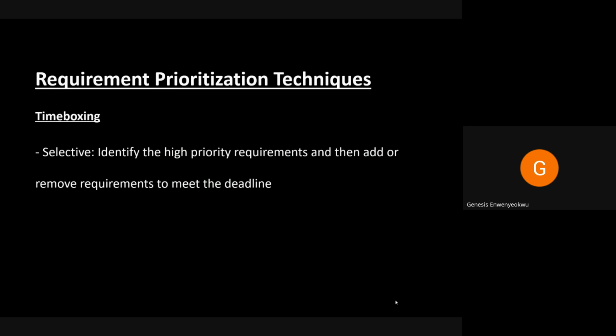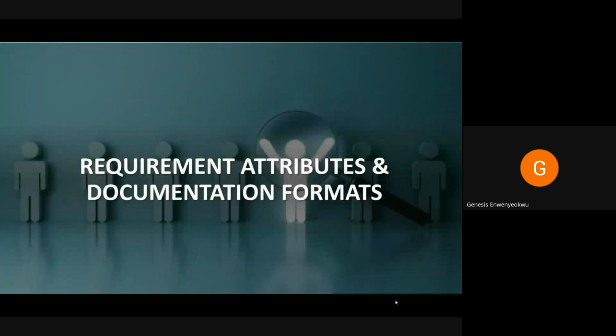Let's include this low priority work and do it with a high priority work so that we can meet our deadline. So in the selective, we basically identify the high priority requirements, and then we begin to add and remove between the medium and the low priority. We exchange between medium and low priority and decide which of them we should include in order to meet our timeline.